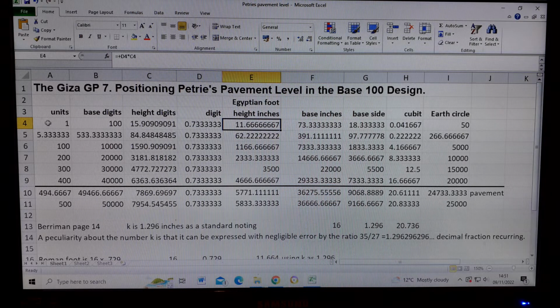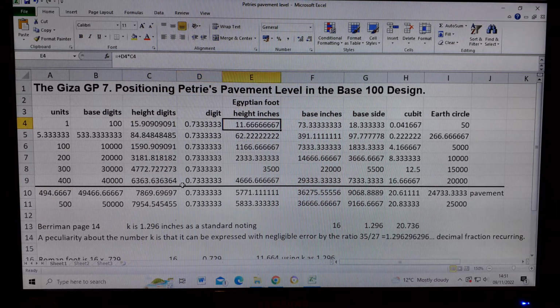And what we find is 1 unit in the Giza base is 100 digits in the base, and in the height it's 1 Egyptian foot of 15.9090 digits. The digit's 0.733, which is Berryman's Shusi of 0.66 times 10 over 9, and there's the 10 over 9 that I'm telling you about.